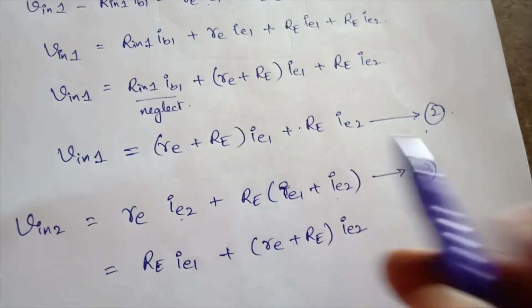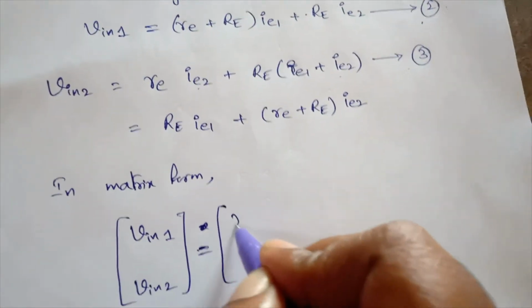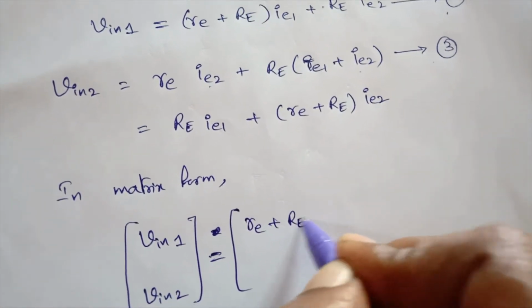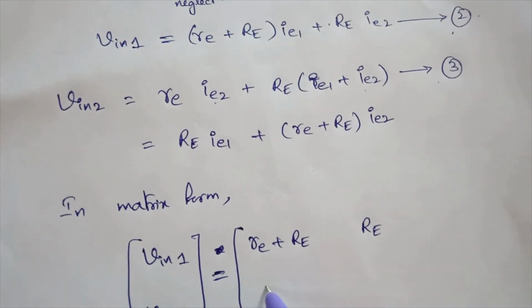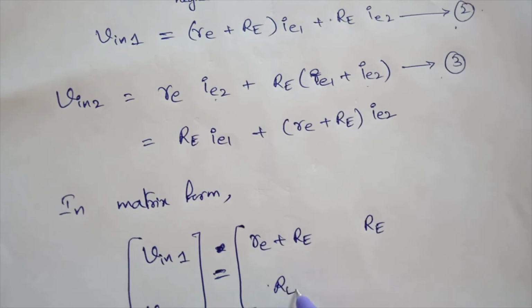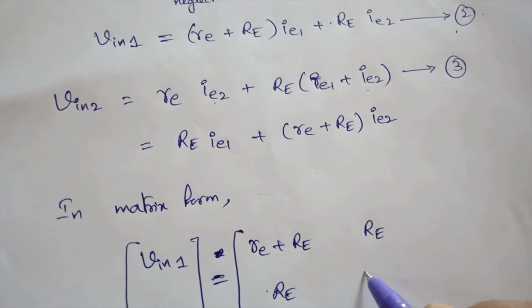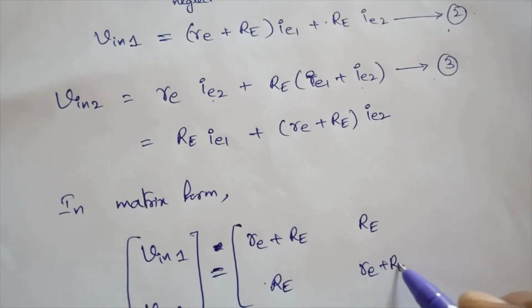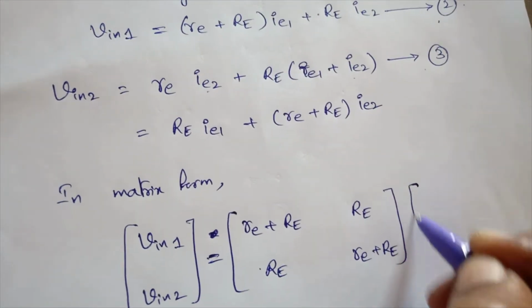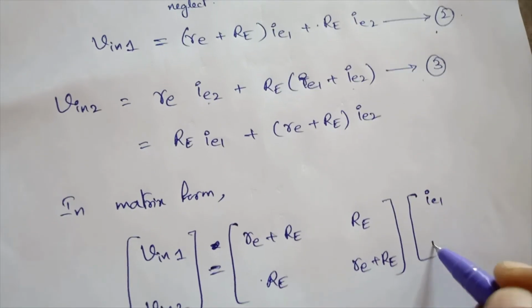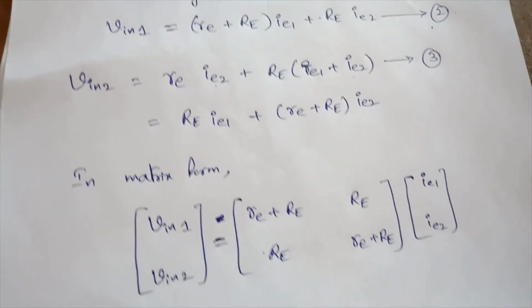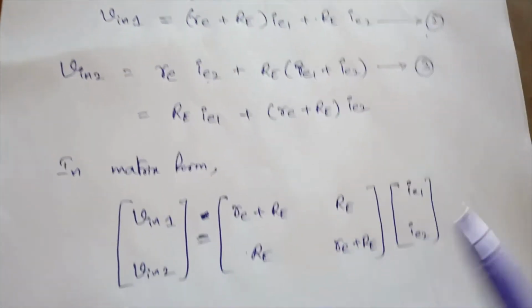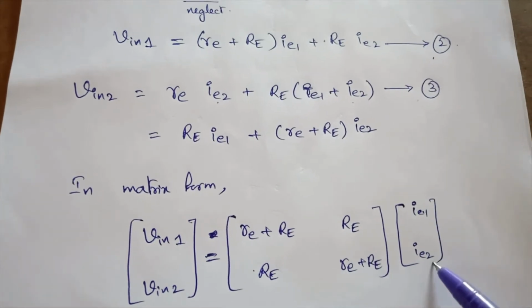Re plus capital Re. So write it down. Then IE2 terms, capital Re. In same way, in second equation, IE1 term is capital Re only. IE2 term is Re plus capital Re. Okay, so now we are getting the equation in matrix form. Now solve for IE1 and IE2.